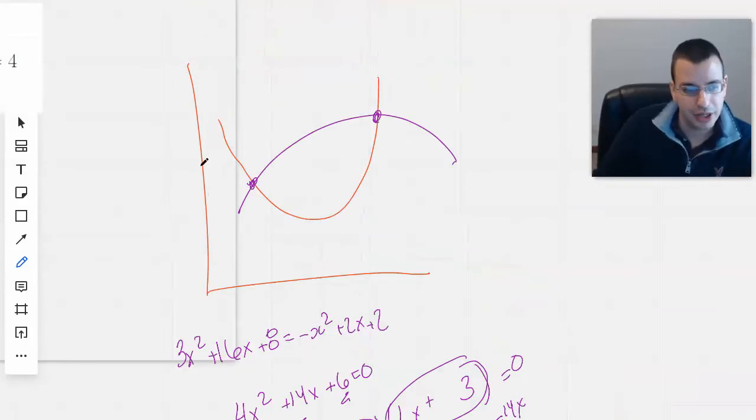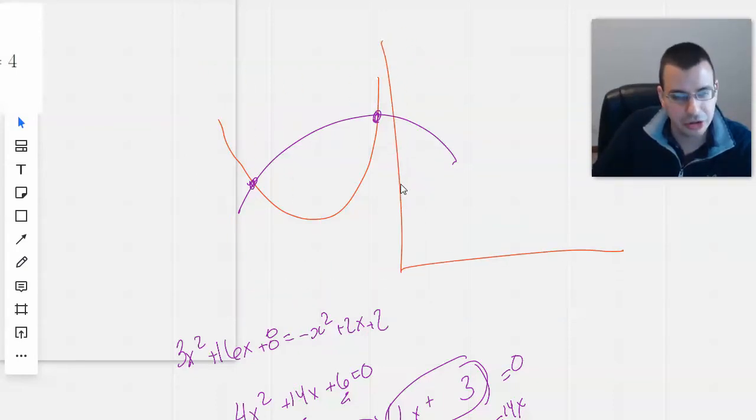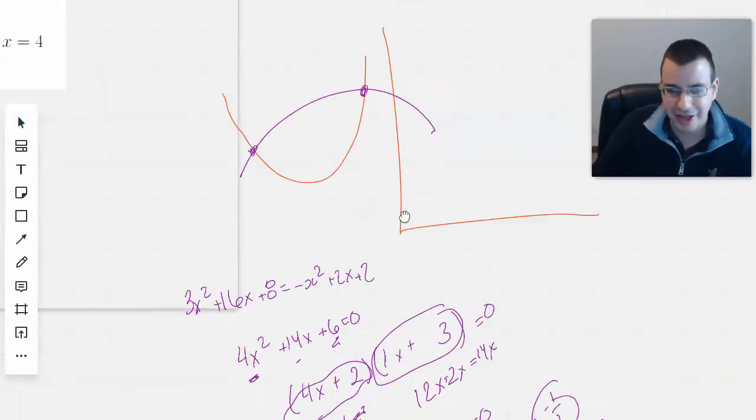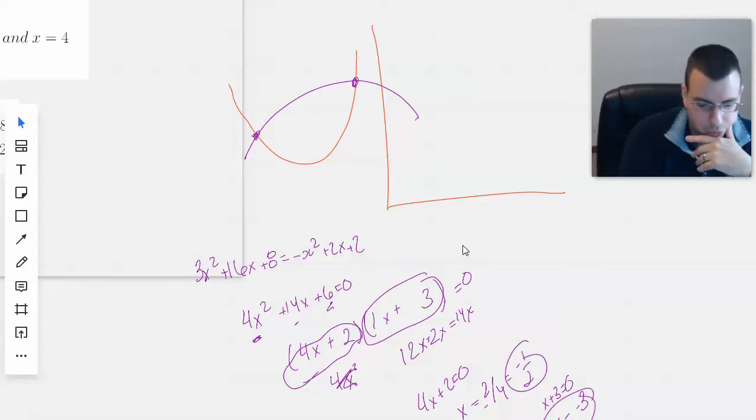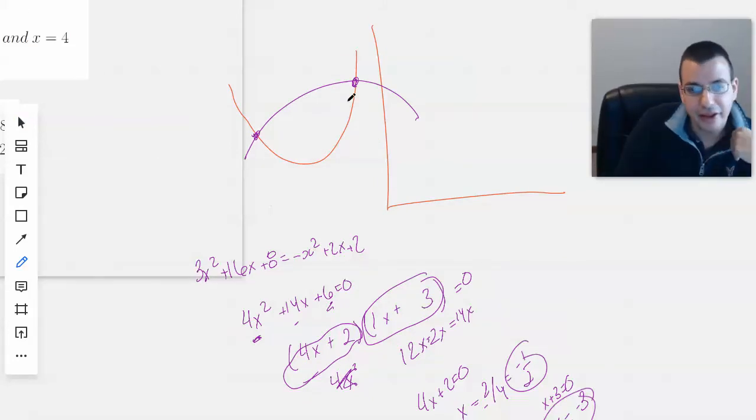So I'm just going to grab this axis, do one of those. Kind of sort of almost works, where we have negative 1/2 here and negative 3 over here.